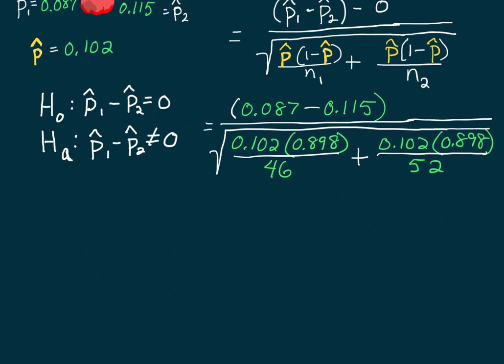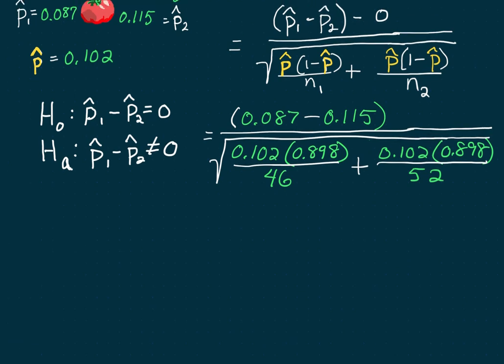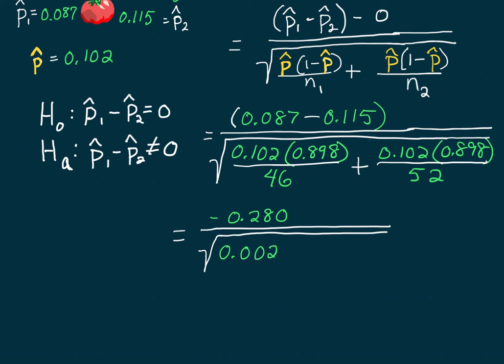Once again, I'm going to go step by step, and I'm going to be introducing some rounding error because at each step I'm going to round it off to the thousandths place, but we're just getting a hang of this right now. So the difference between the proportions in our numerator is negative 0.280. In our denominator, I'm going to evaluate that first fraction. 0.102 times 0.898 divided by 46 gives me 0.002, and that is rounded quite a bit.